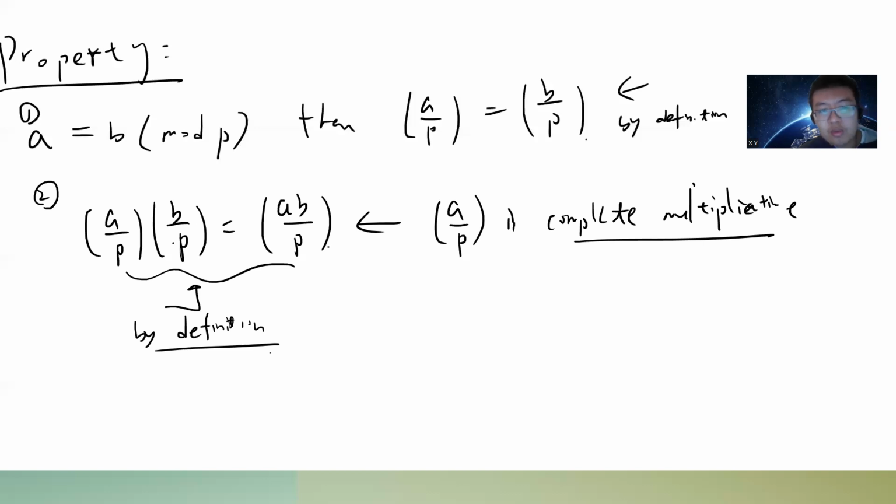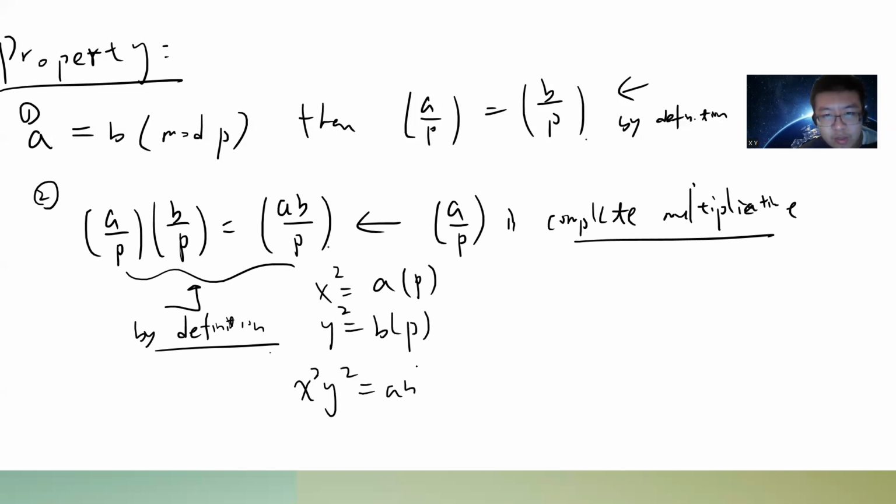Because if two of them have solutions, for example x squared equals A mod P and y squared equals B mod P, then you get x squared y squared equals AB mod P. And notice that F_P is a field, so you can check that if you have a solution here and you don't have a solution there, then there will be no solution for the product.